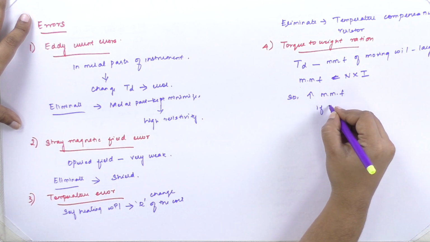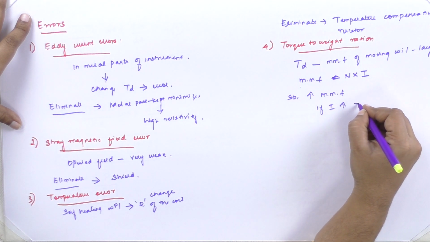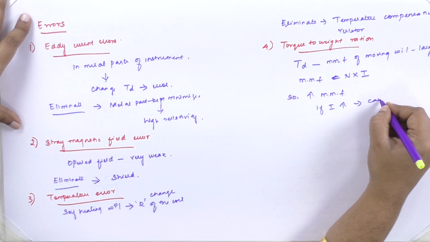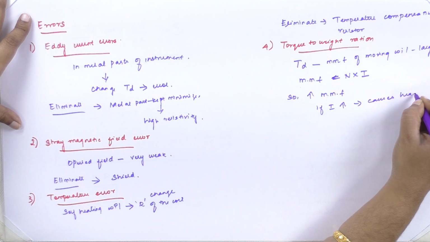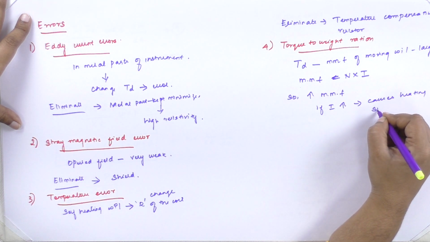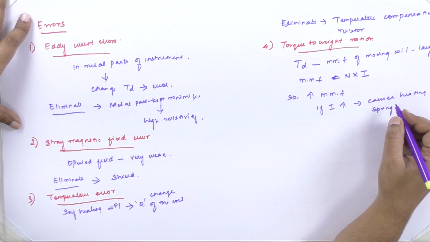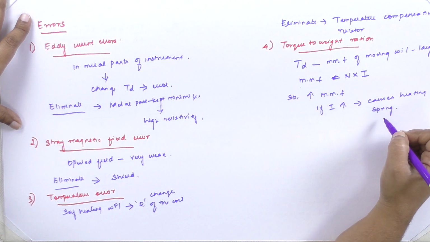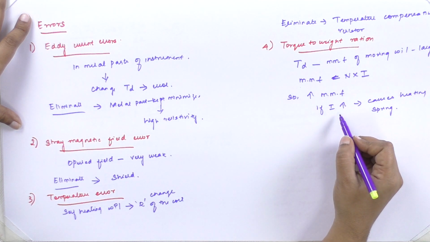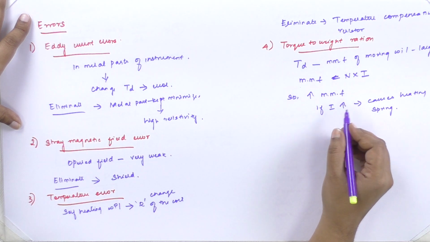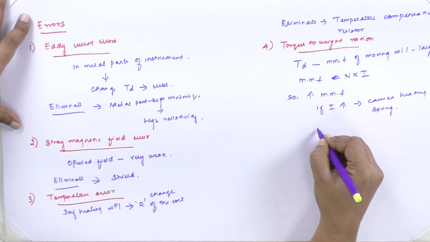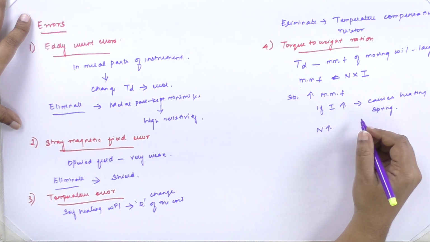If the current flowing through the coil is increased, it causes heating of the springs, since the current passes through the coil and also through the springs used for controlling torque. So we cannot increase the value of current. The only option is to increase the number of turns of the coil.